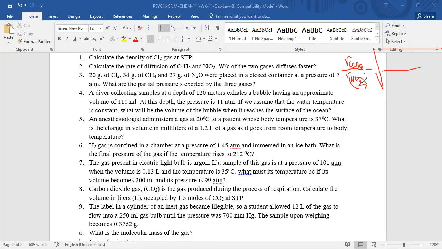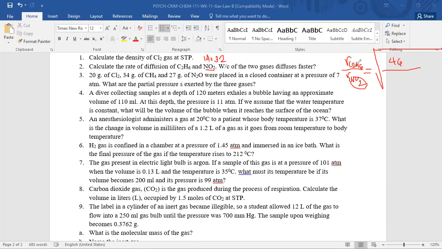So NO2: 14 plus 32. 14 because the atomic weight of nitrogen is 14, and for oxygen it is 16 times 2. So 14 plus 32 is 46.